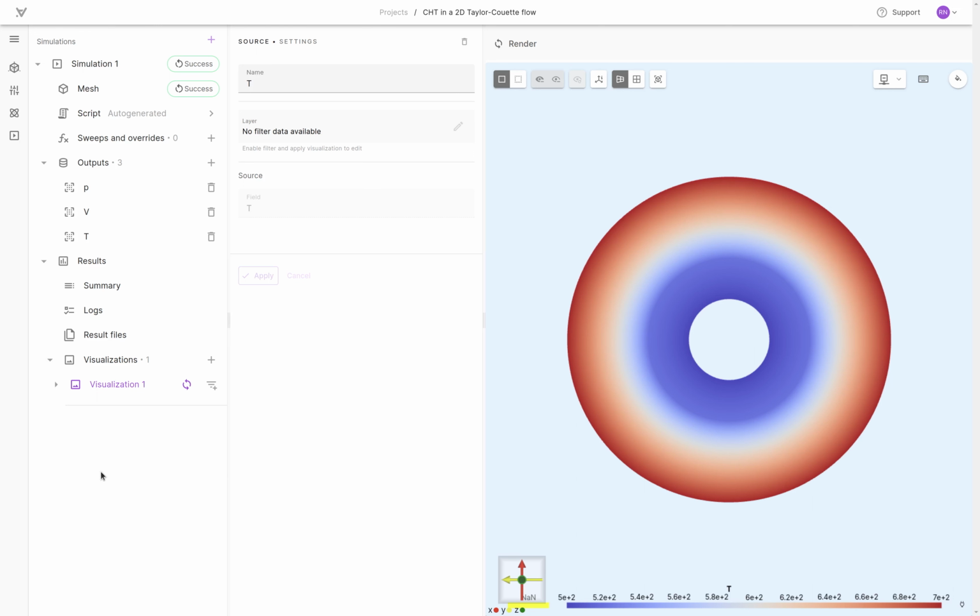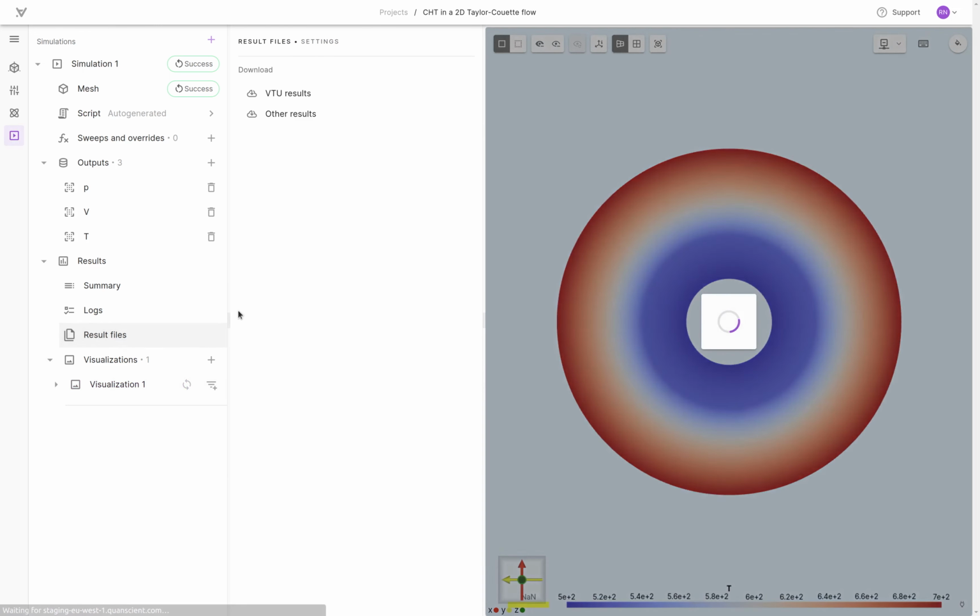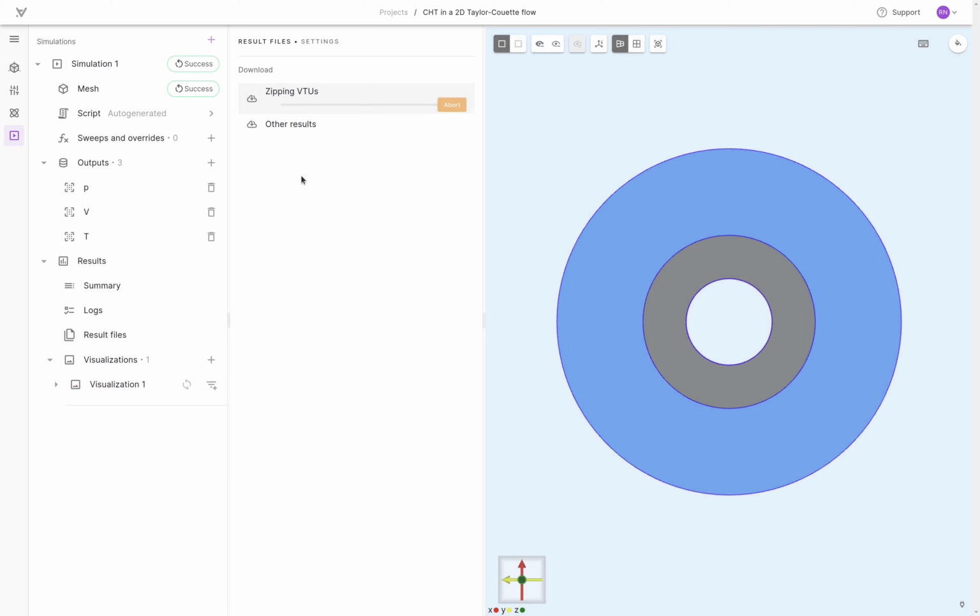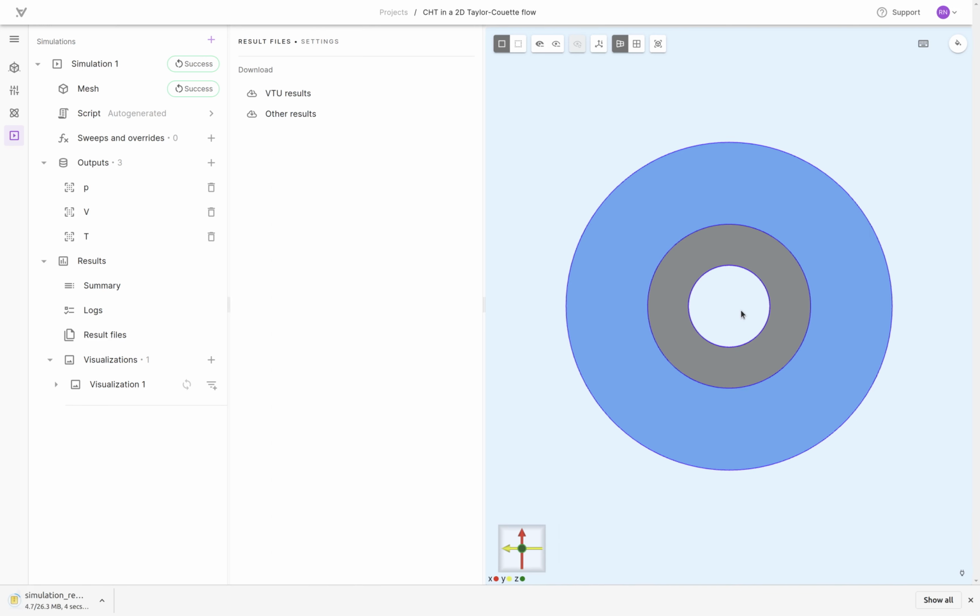To perform the verification with the analytical solution, we will download the VTU results and extract the temperature and velocity profile across one of the radial directions.